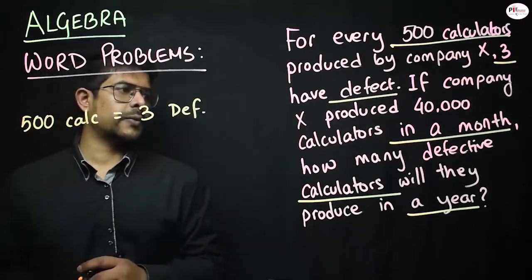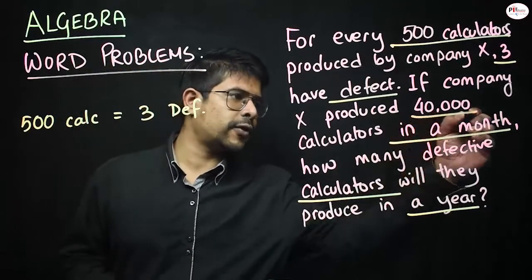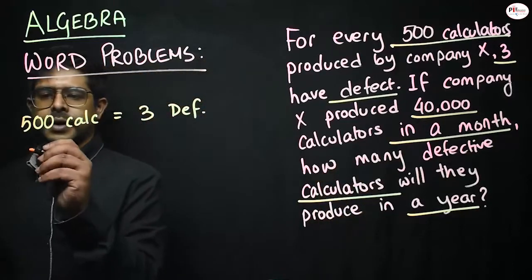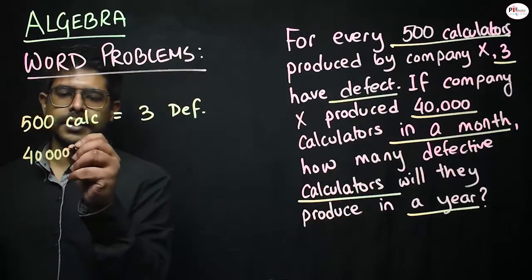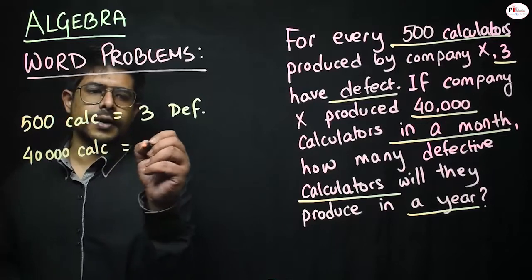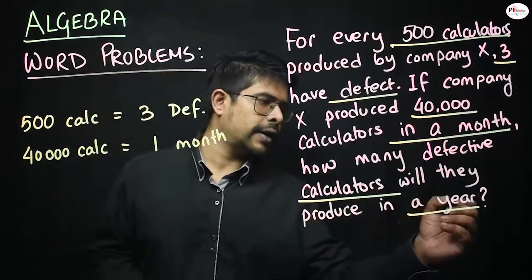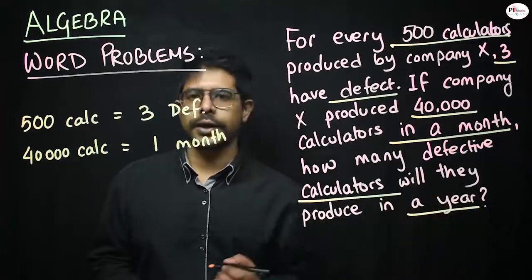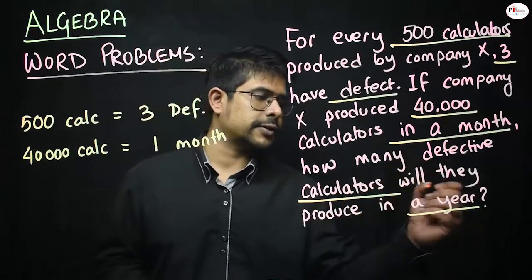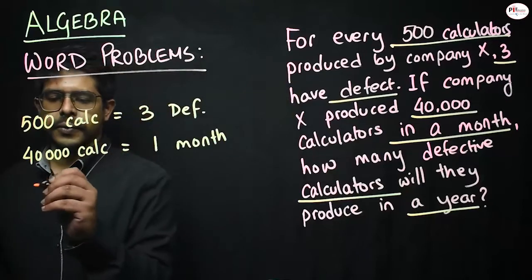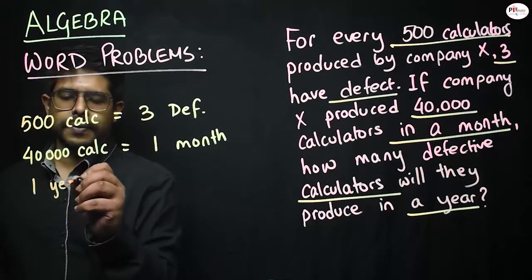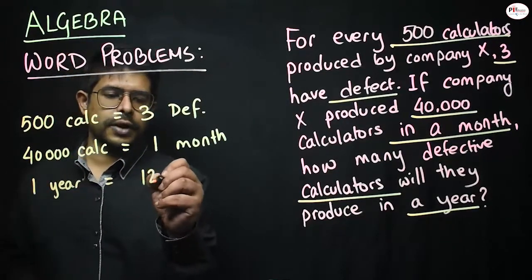The next thing that we have to know is that they produce 40,000 calculators in a month. So 40,000 calculators in 1 month. And finally, we have how many defective calculators will they produce in 1 year. So we have 1 year equals 12 months.